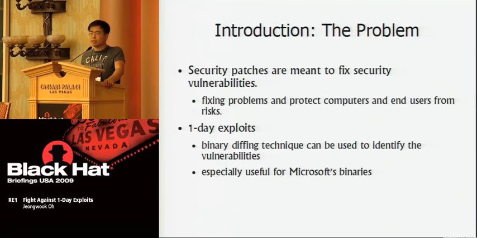This is especially useful for Microsoft binaries. I tried other binaries like Sun or Adobe, but they don't release patches regularly. Microsoft releases every Patch Tuesday, every month, so they only change small bits of the binaries, and you can find them very easily.